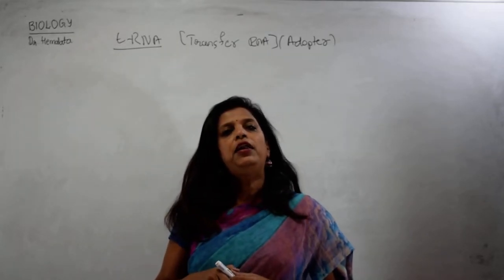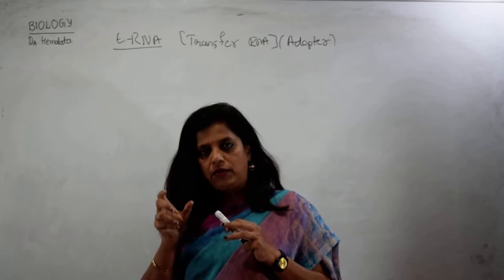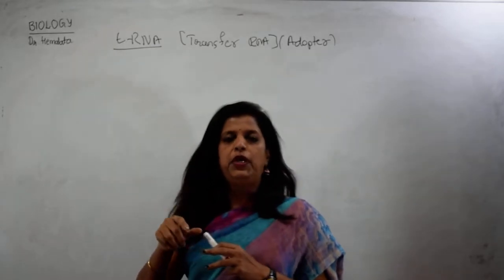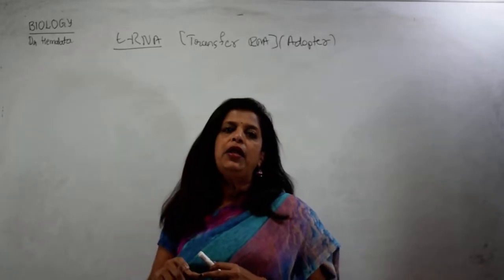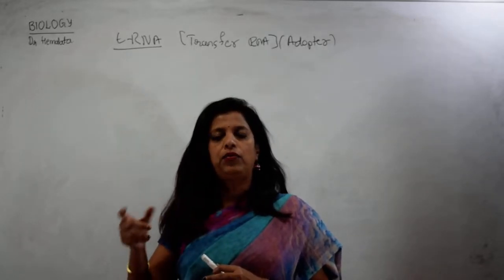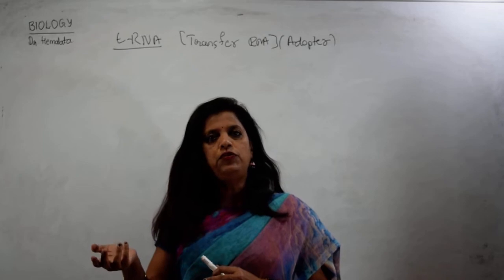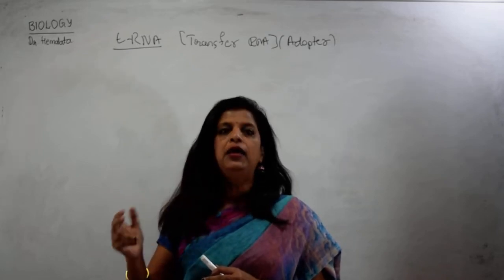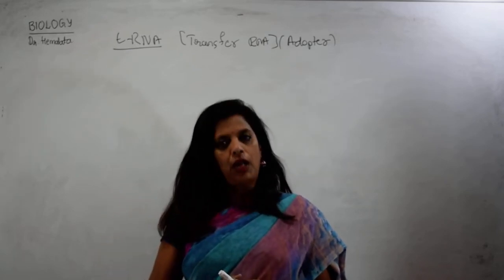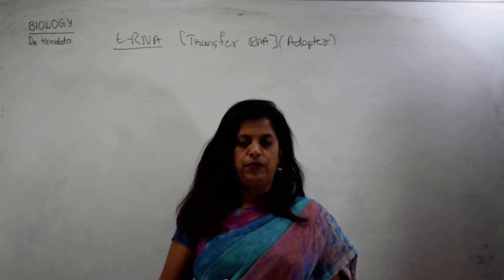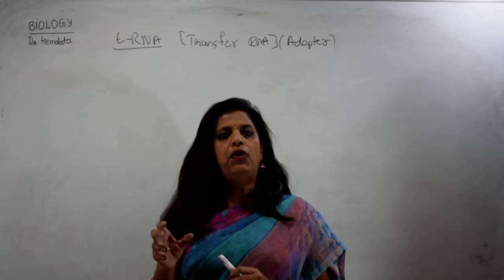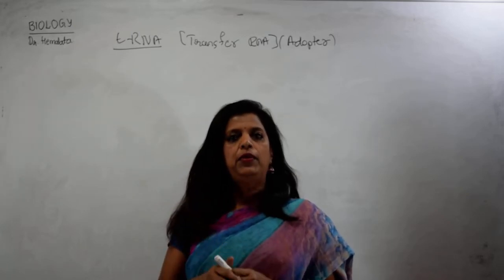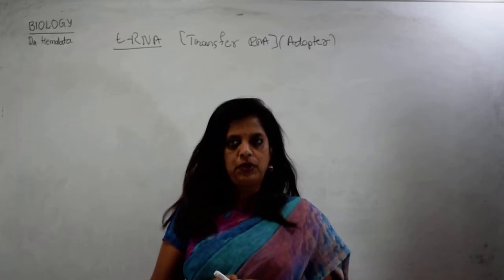Transfer RNA will get the particular amino acid based on the codon with its anticodon, binding with the amino acids forming aminoacyl tRNA and bring it to the ribosomes for translation. Therefore, it is adapting the amino acids for a short time, and we call it adapter RNA.